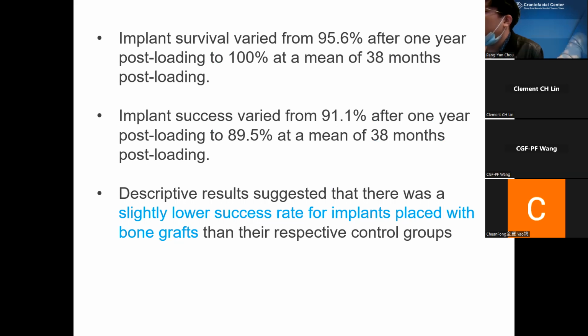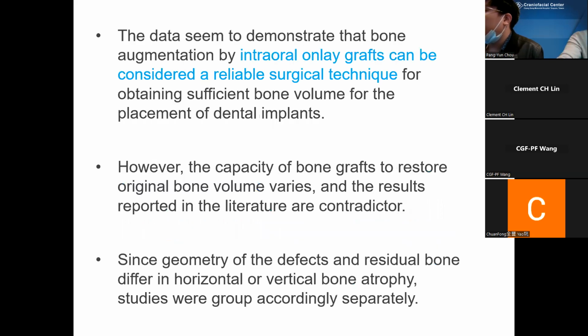The discussion. The data seems to demonstrate that bone augmentation by intraoral onlay grafts can be considered a reliable surgical technique for obtaining sufficient bone volume for the placement of dental implants. However, the capacity of the bone grafts to restore original bone volume varies, and results reported in the literature are contradictory.